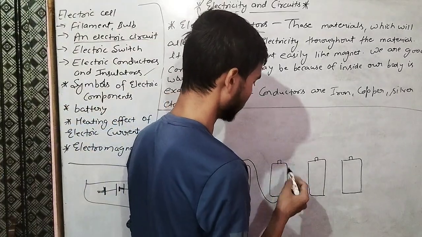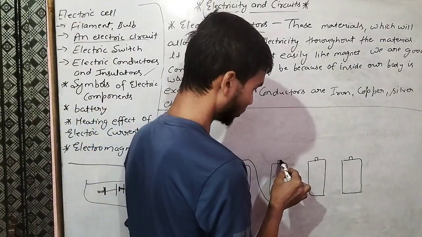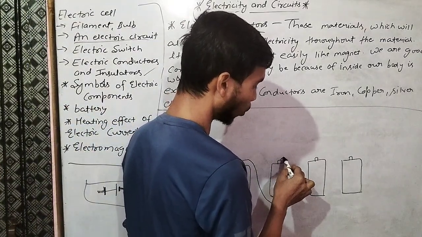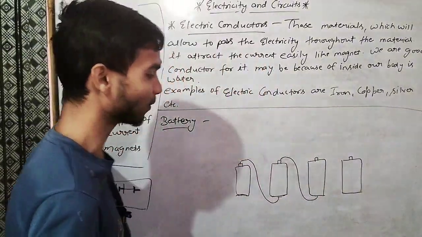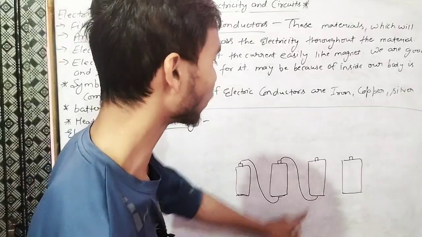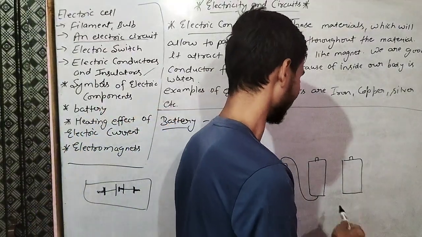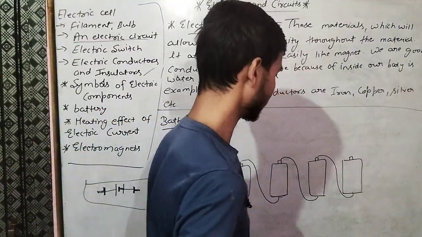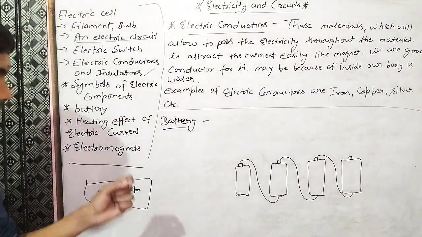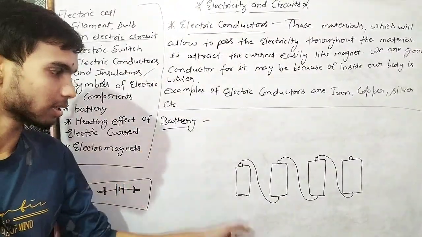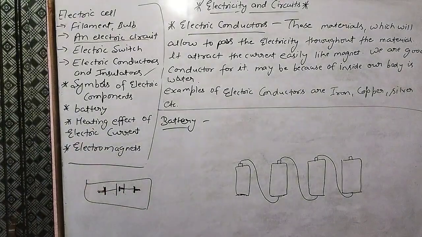Similarly, this positive terminal of this electric cell will be connected with the negative terminal of the other electric cell. Similar to this. This is a combination. This is right. This is incorrect. This is a combination in the correct way.